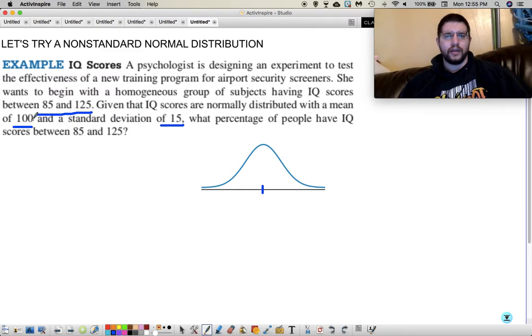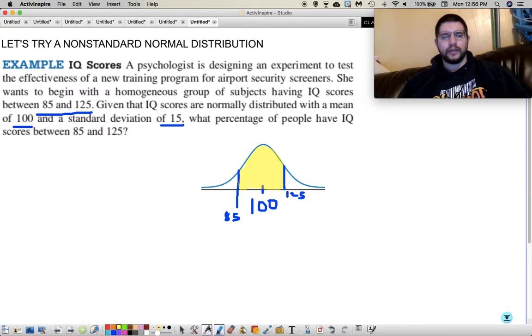The mean is 100. Now, our scores are 125 and 85. And we want between those two values. So if we're using the chart again, it's going to take some work.